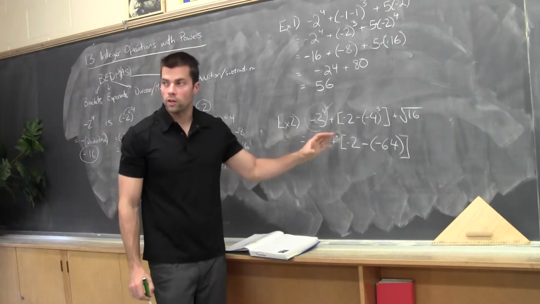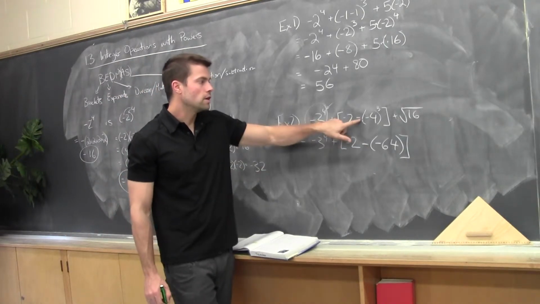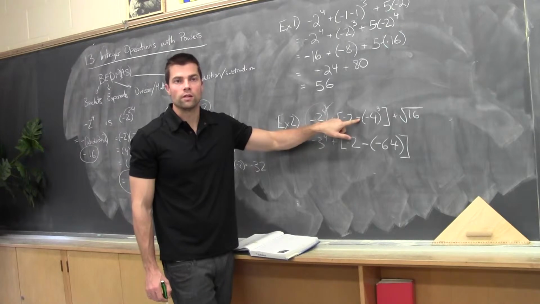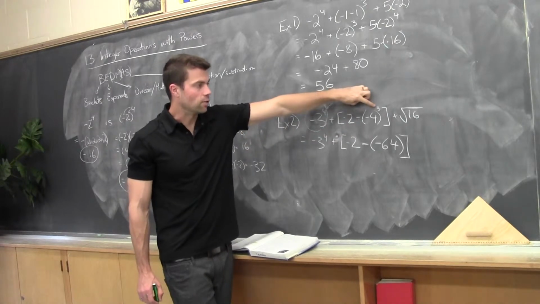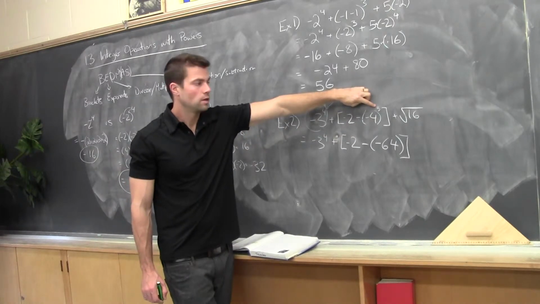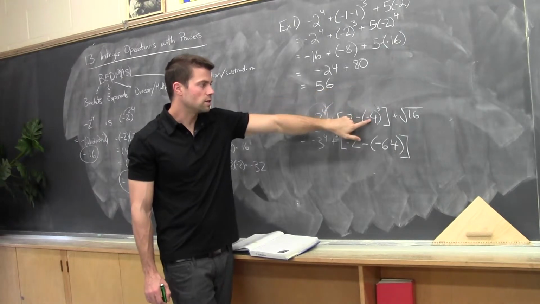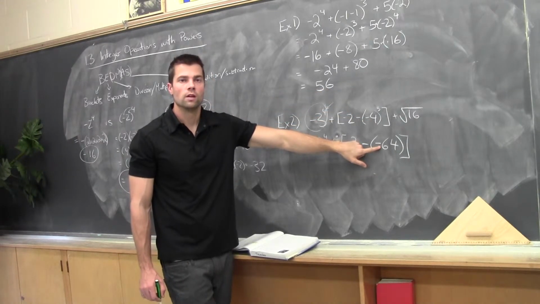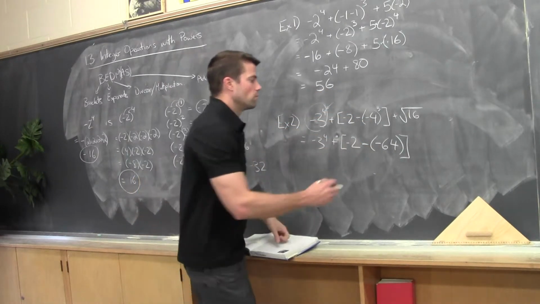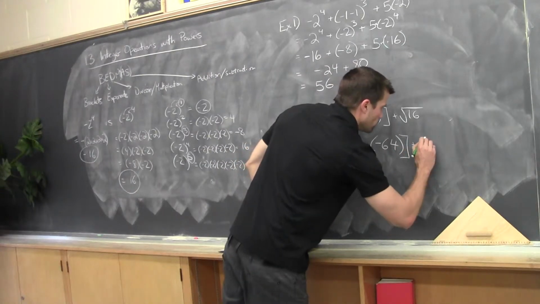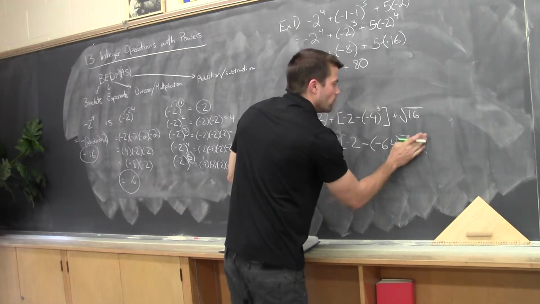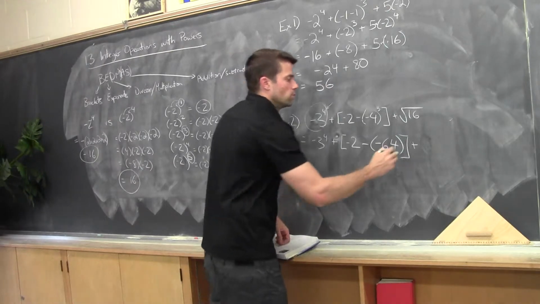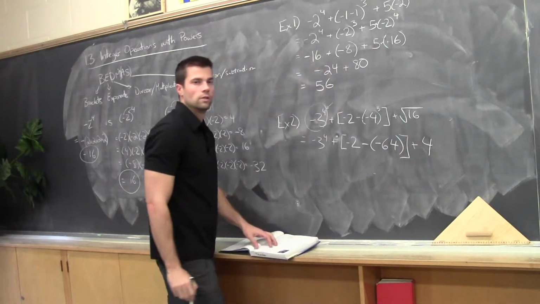So starting to get confusing with all these negative signs. Notice how I didn't bother dealing with this negative sign yet. I left it and dealt with the exponents. This exponent is odd, this is a negative number. I know my answer is going to be negative. Finally, plus root 16. We can get rid of this right away now too, right? Root 16 we know is just 4. Okay?